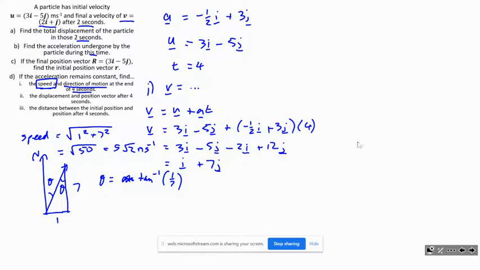And part 2, which I'll do in red, the displacement and position vector after those 4 seconds. So this time we want the displacement. So we've got S, U, A, and T. So S equals UT plus half AT squared.